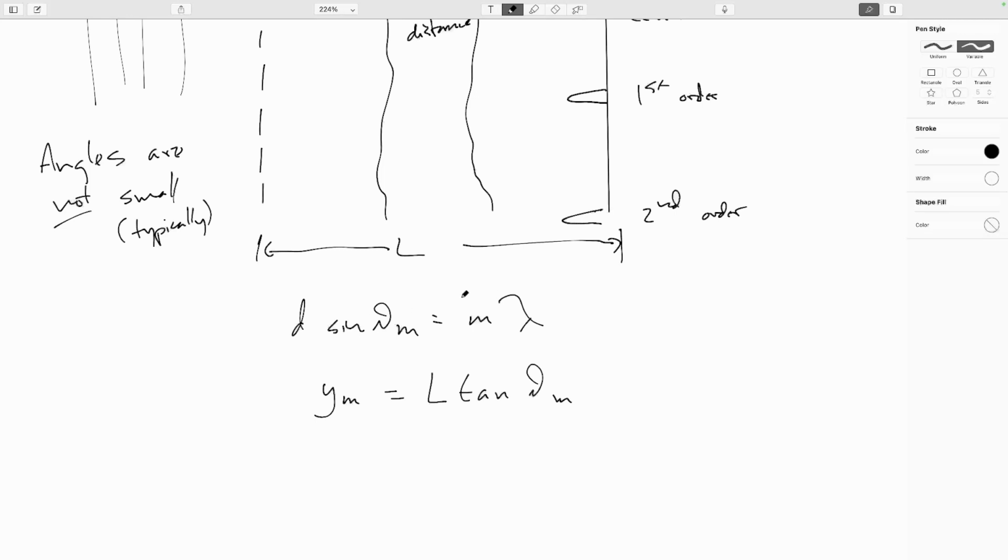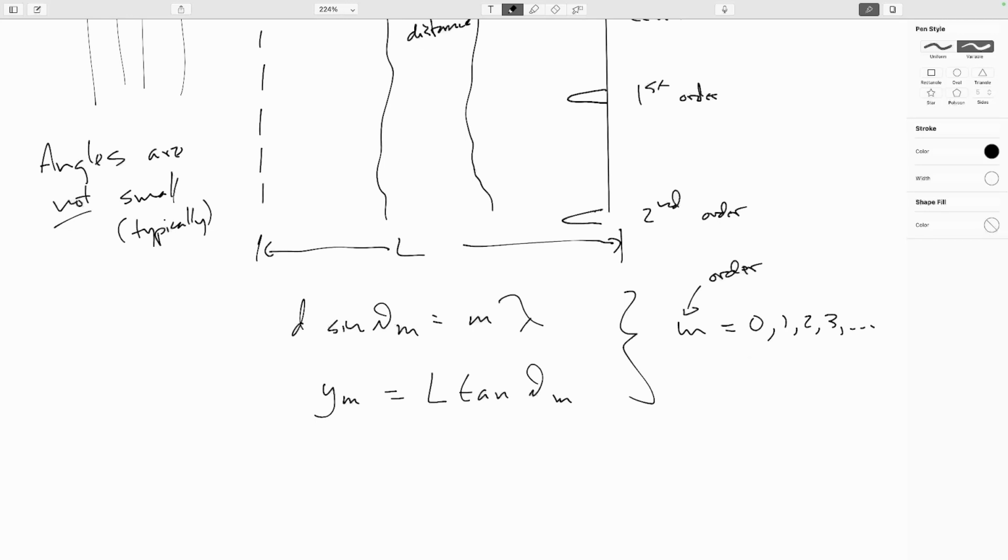So you'll have to solve this, get an arc sine, and then stick it into here if that's what you need. In both cases, m is the order of the spectrum. It's not a mass or anything like that. It will be equal to 0, 1, 2, 3, and so forth: 0 for the central maximum, then 1, 2, and 3, and whatnot.